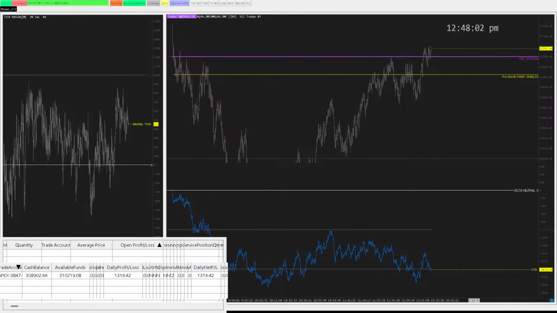Oftentimes I have found that the juice is just not worth the squeeze, guys.